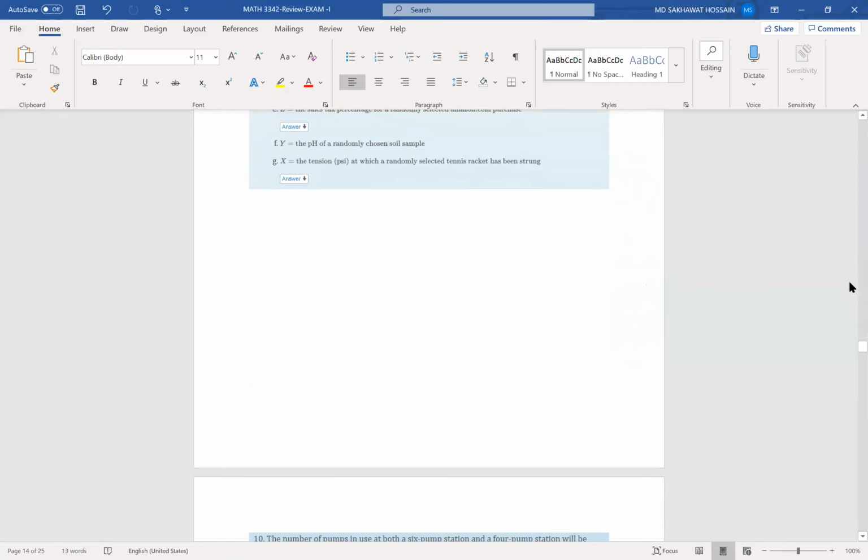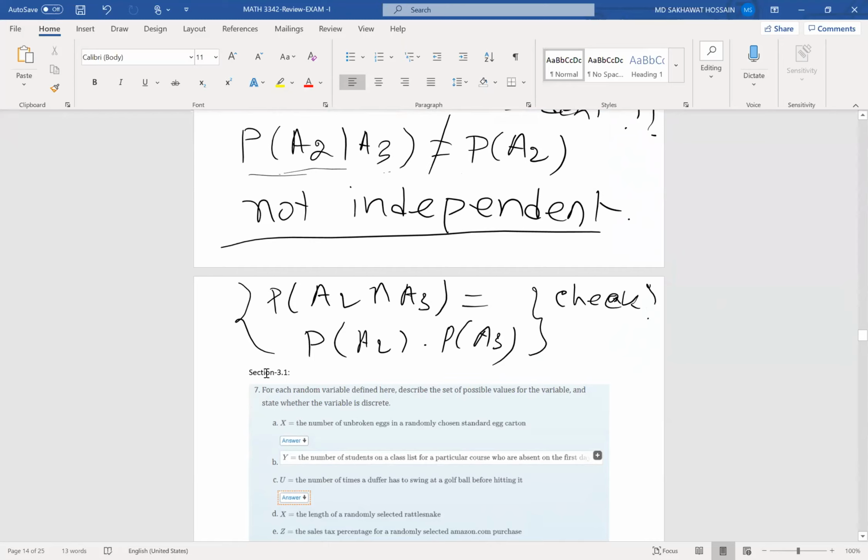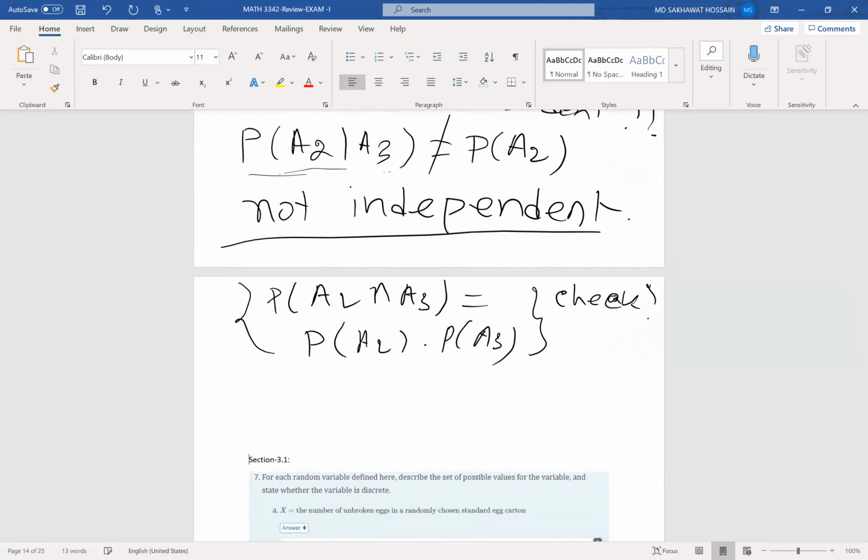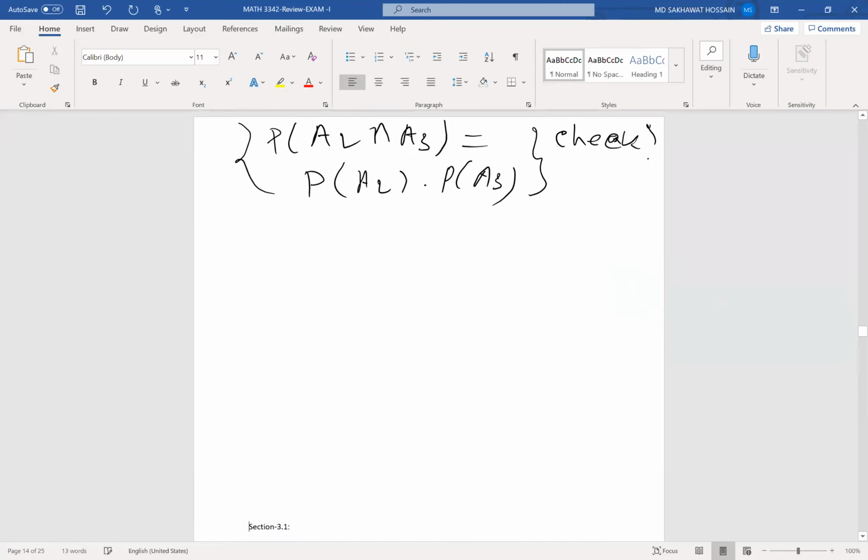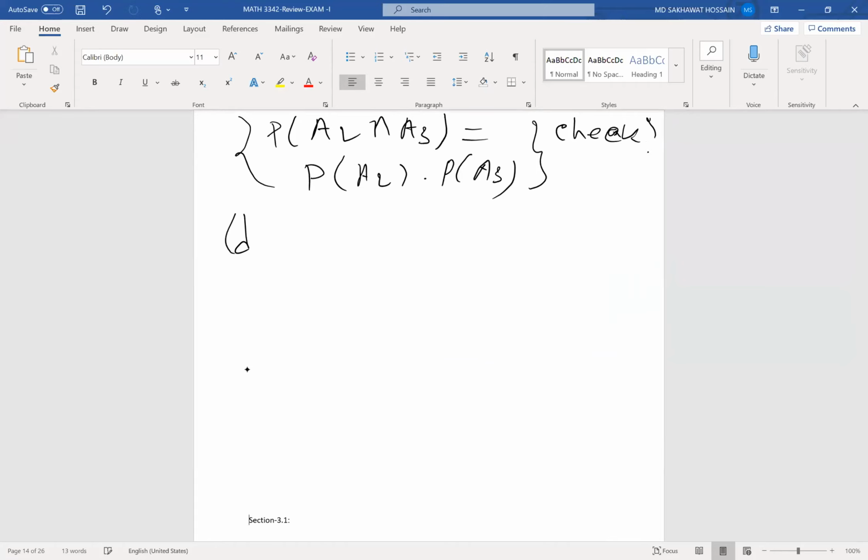So part D is we learned that the person didn't like vehicle number 1, and what is the probability that the person likes either A2 or A3?